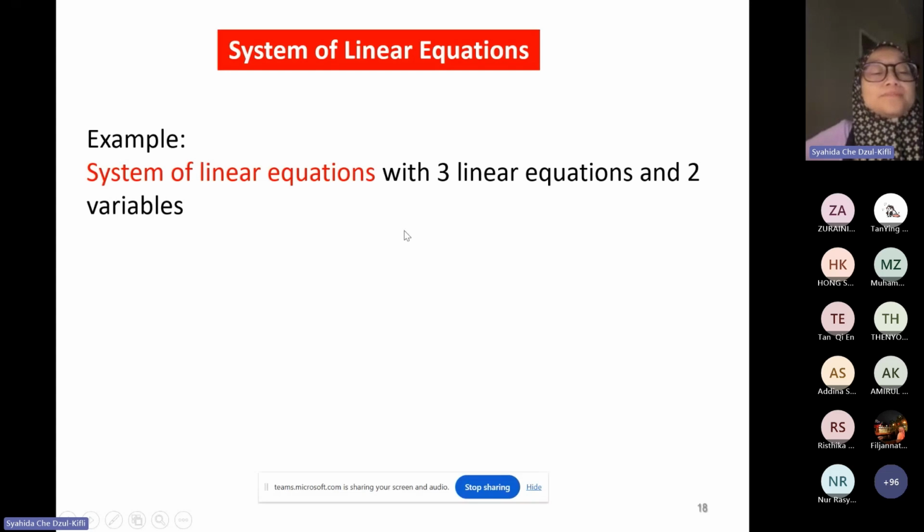For example, this system has three linear equations and all of these three linear equations have two variables. This is an example.